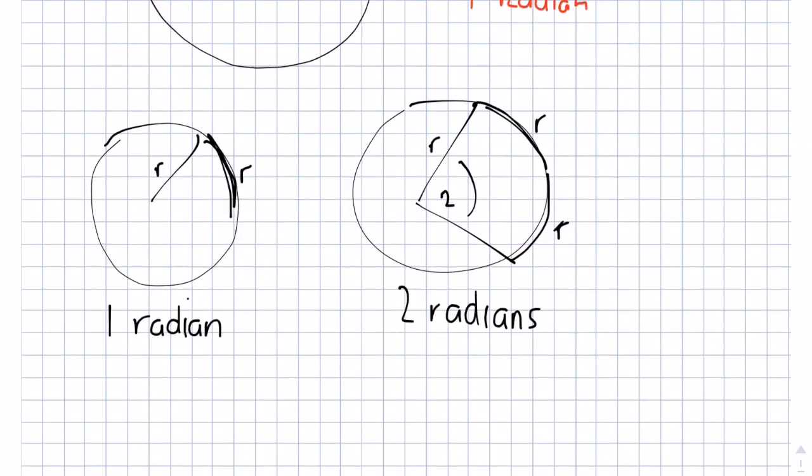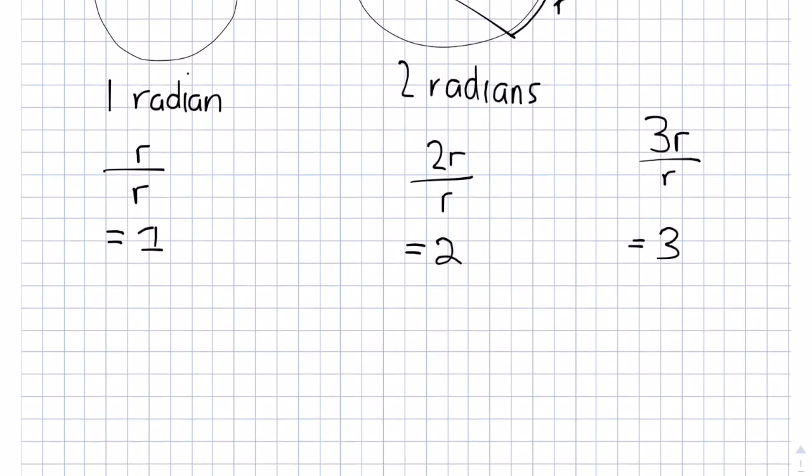And I could keep going with this: the length of the arc being 3 radii will be 3 radians. So in other words, if I divide the length of the arc by the radius itself, I have 1. In this case I have 2r divided by r is 2. The next one will be 3r divided by r is 3. So if I divide the length of that arc by the radius, I will have the angle in radians.